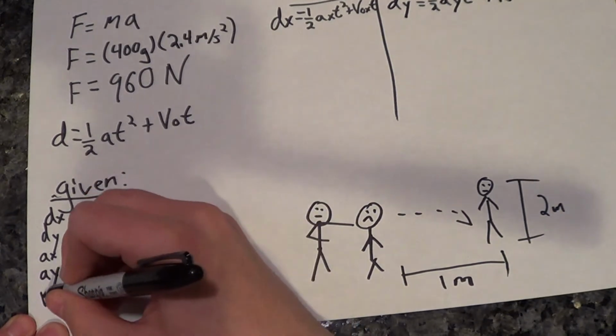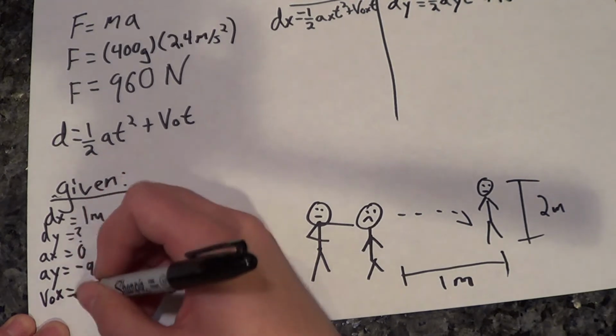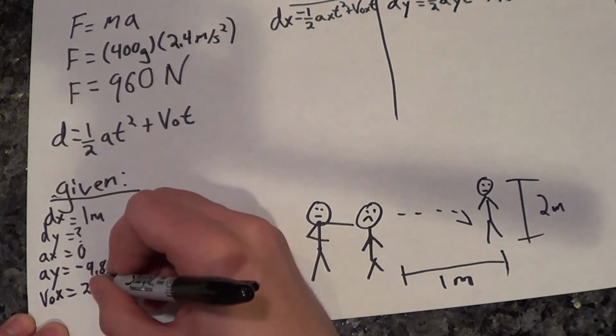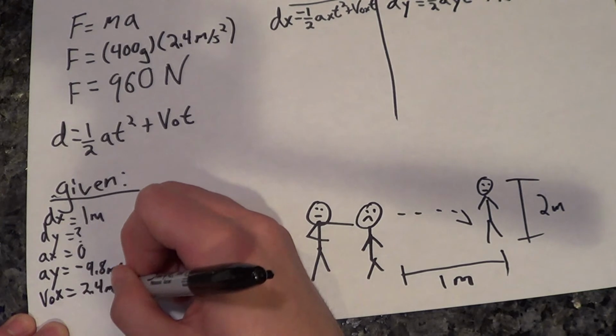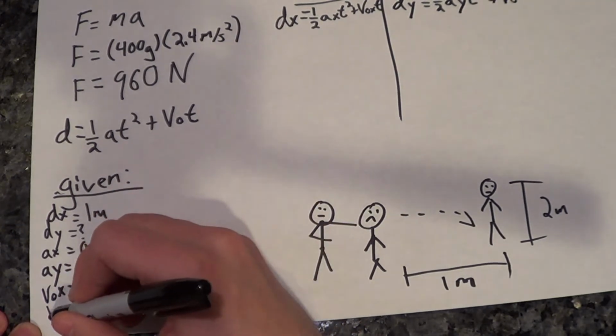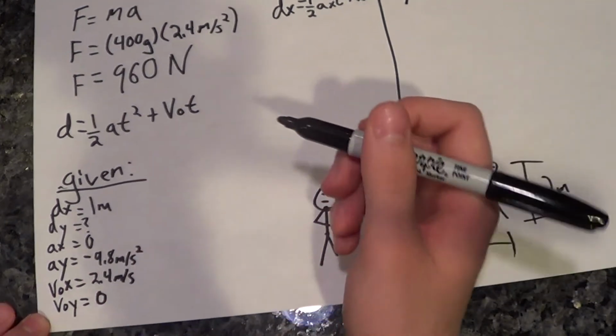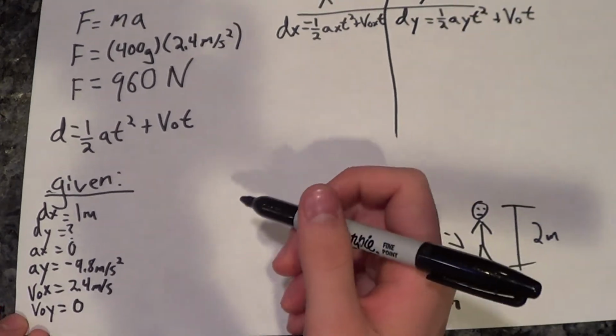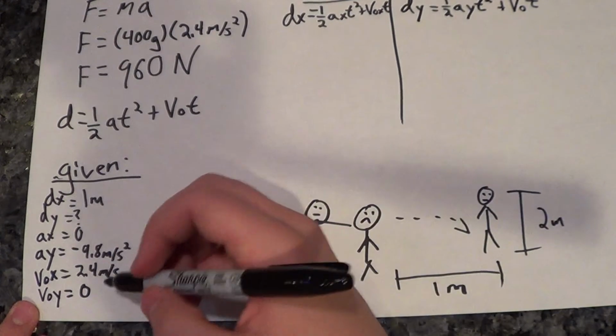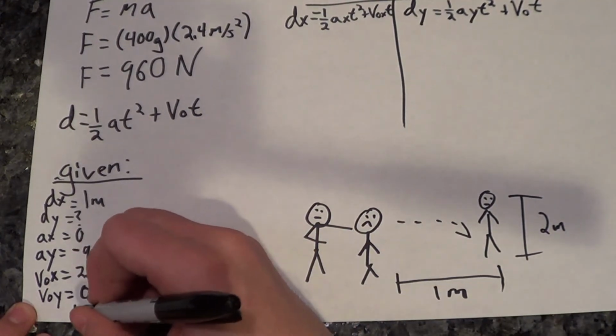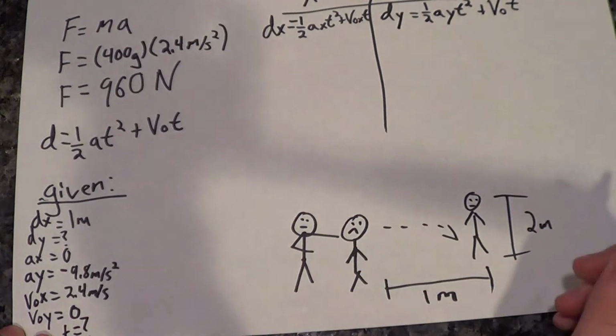I know that my velocity in the x direction is 2.4 meters per second. And I know that my velocity in the y direction is 0 because I'm punching straight forward, not an uppercut or punching the person down toward the ground. And I also don't know time, solving for that as well.